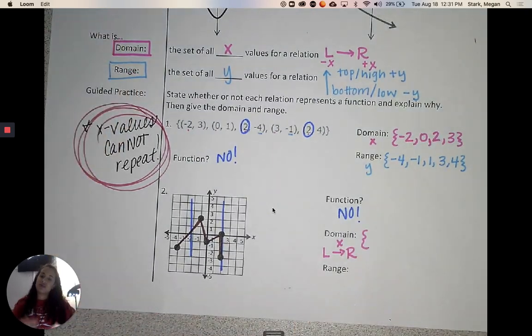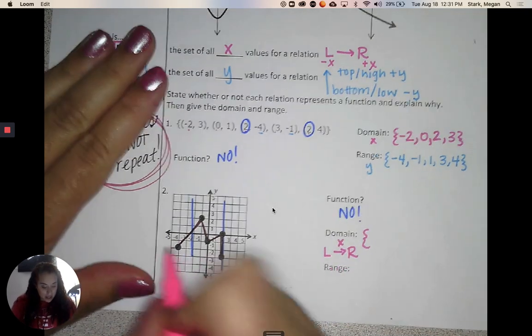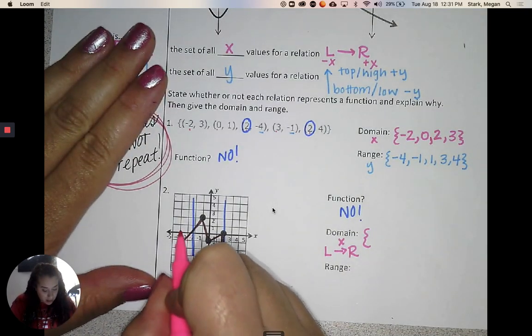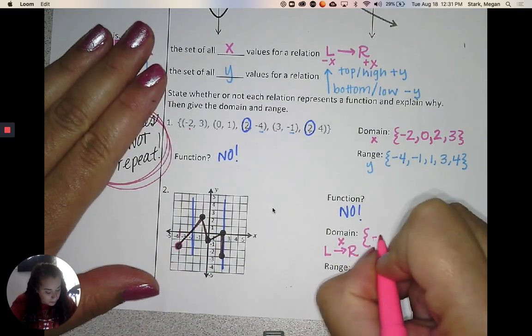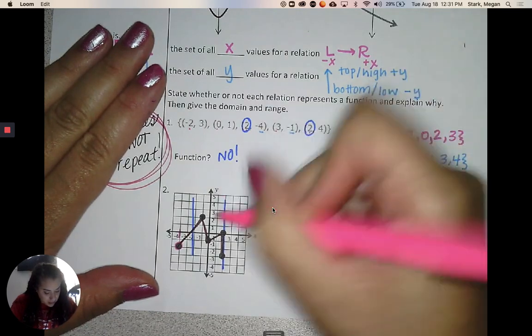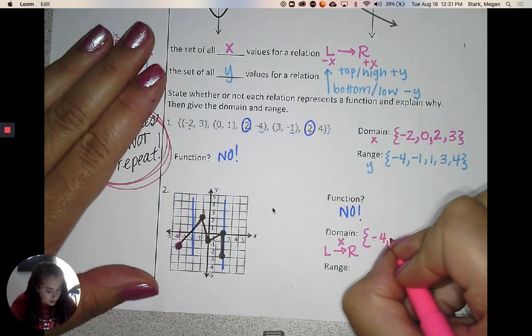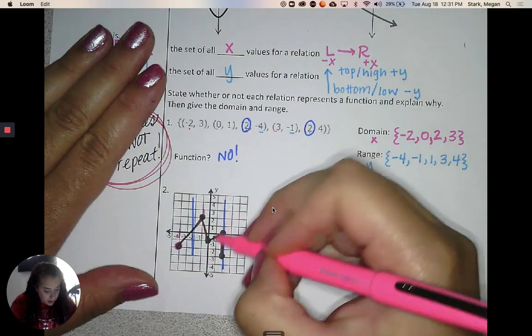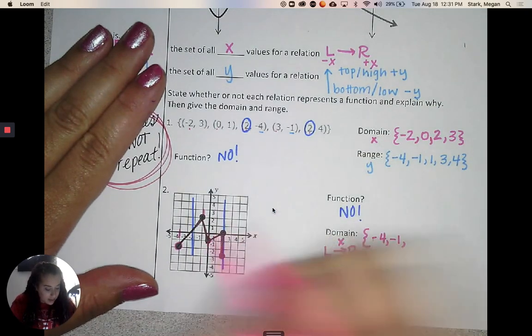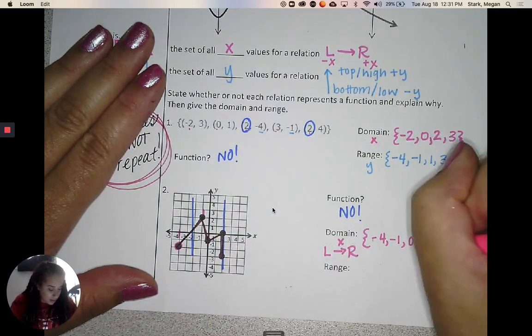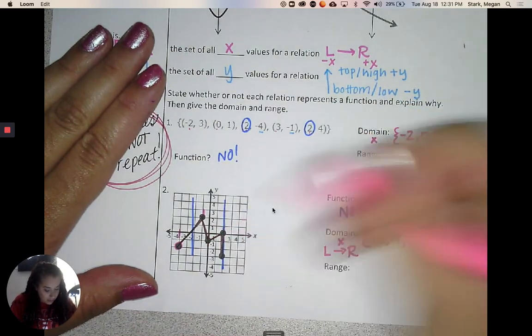And we're looking just for the set of points, okay? So if we start here, that's at -4. The next point is at -1. The next point, that x value is 0, and then we have a 2.